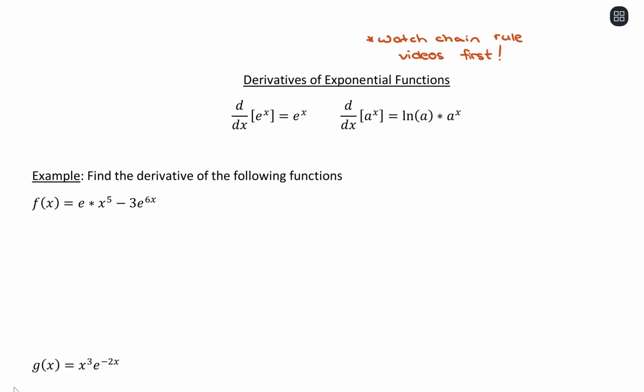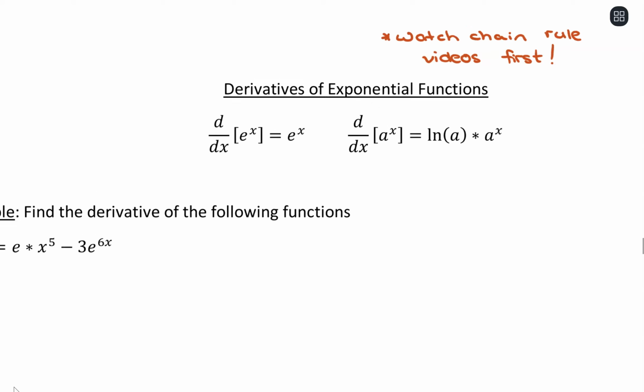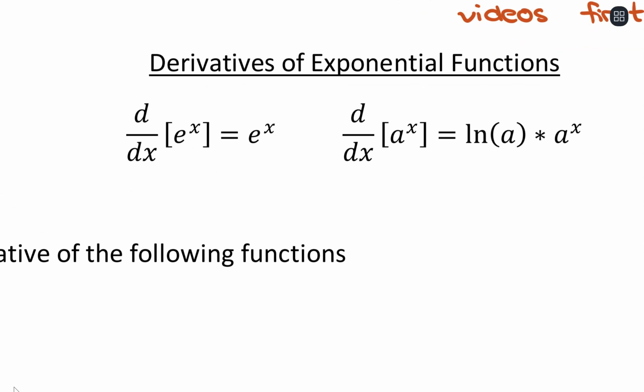All right, so with this are two derivative rules. So exponential functions is where we have some base and our variable is up in the exponent. So there's kind of two ways this shows up with e. So this is our continuously compounding exponential function that we talked about in pre-calculus a bit.